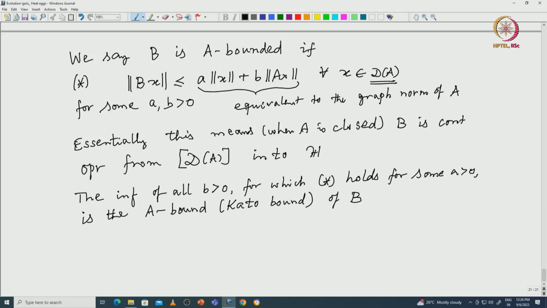So, this is the definition. So, the restriction is on this Kato bound or A bound. Okay. So, when the A bound of B is under control, nice things happen.